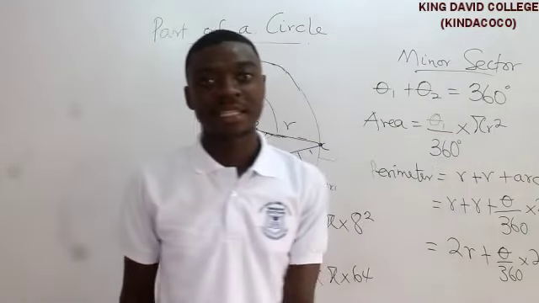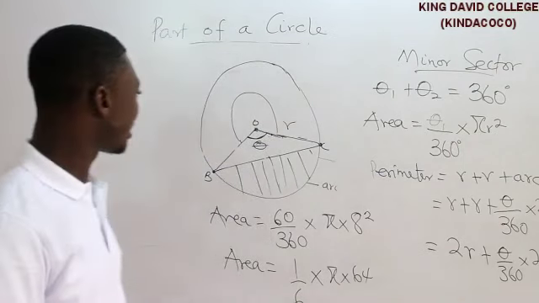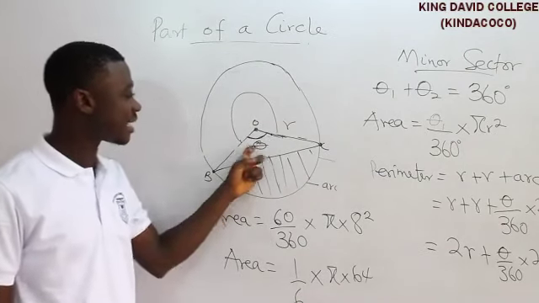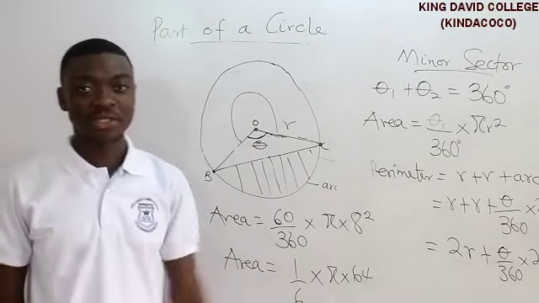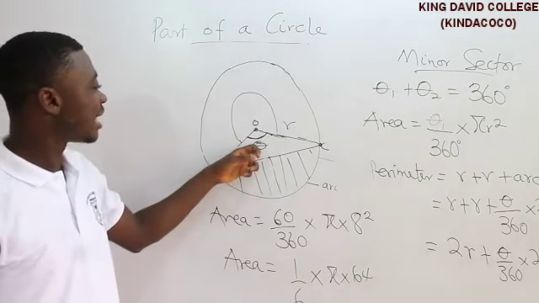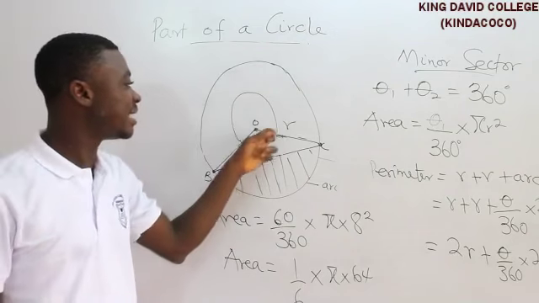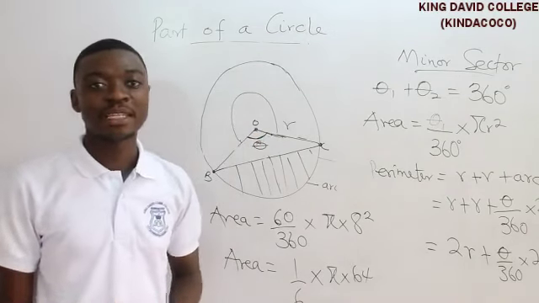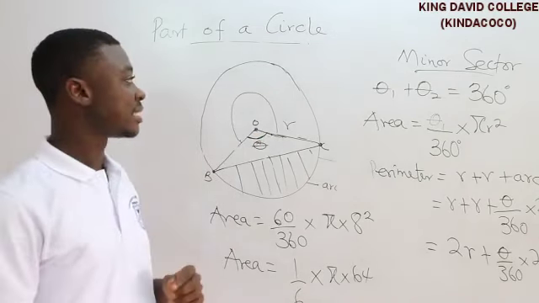You can see that theta 2 is actually 360 minus theta 1. So they will give you the angle over here, and it still asks you to find the major sector. But all you need to do is, knowing the angle here, the remaining now belongs to the major sector.